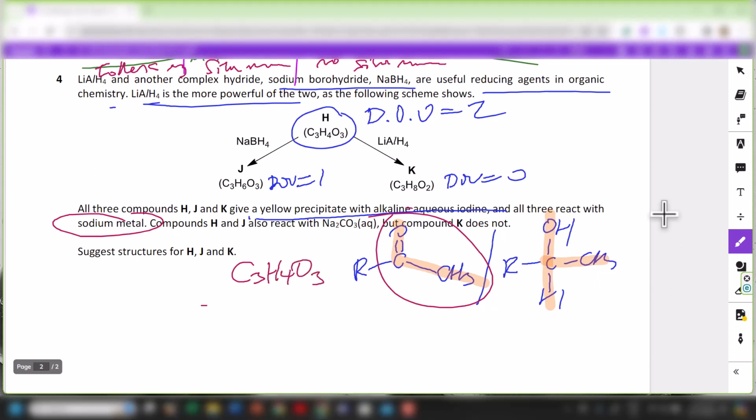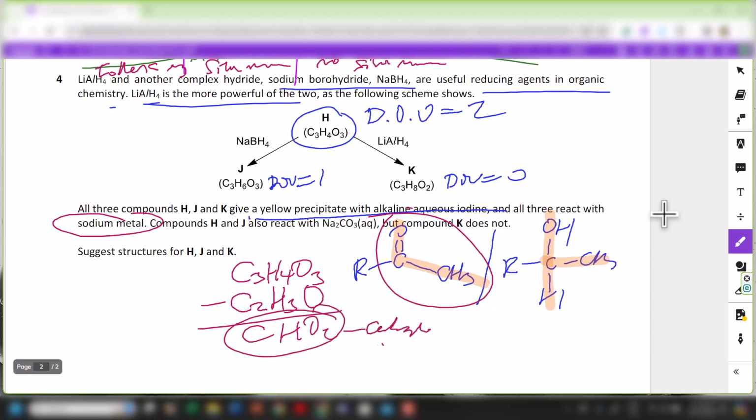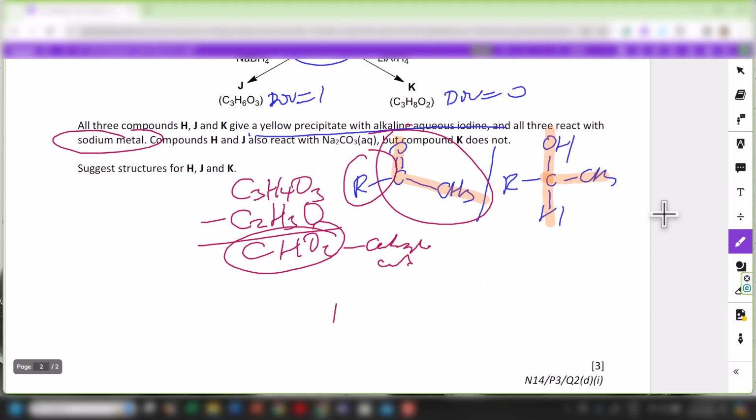We subtract off COCH3, so that's 2C, 3 H's and 1 O. You end up with CHO2. So essentially this is a carboxylic acid. So you know that R in this case for H is a carboxylic acid. So straight away we can find out what H is already.